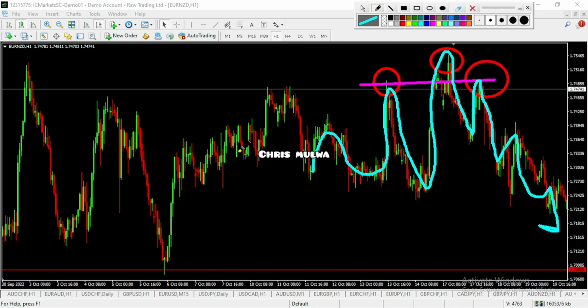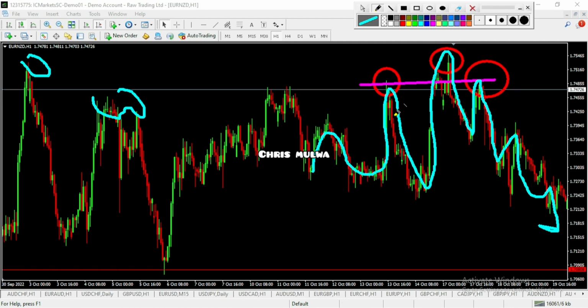There are many shoulders in the currencies. You can find that this is a head, this is a shoulder, and maybe there was a shoulder beyond that. I do not want to move the chart. At this point, this shows that this is a zone of high resistance, so the market is being rejected at this point.